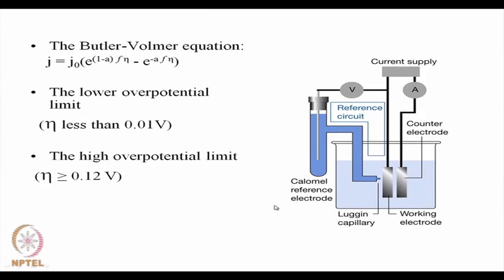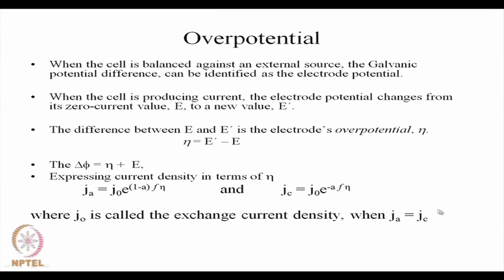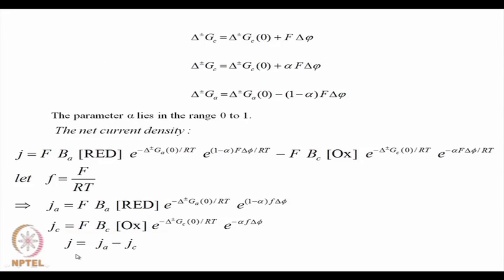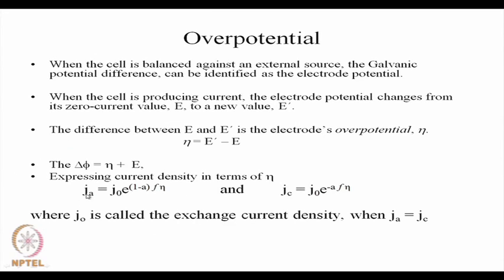Now, upon plugging in this information, to find the net current density, J is equal to Ja minus Jc. So, you just subtract this from this.